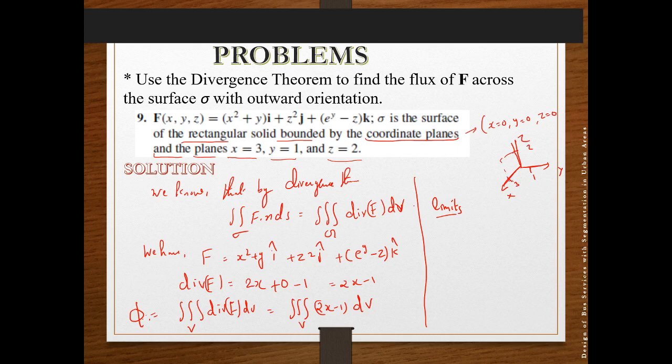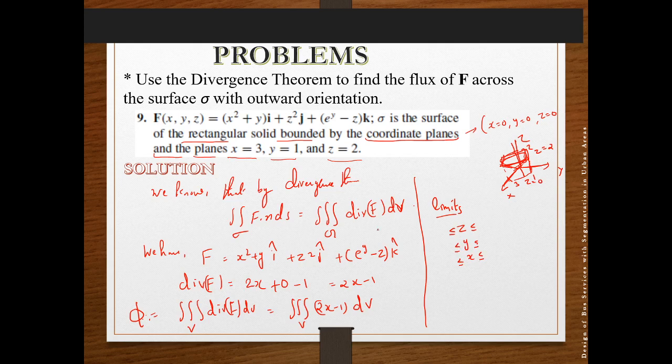So something like a box. This is z equal to 2 and this is z equal to 0, the XY plane. So what is the range of z? Z ranges from, y ranges from, and x ranges from. This is actually a rectangular box.